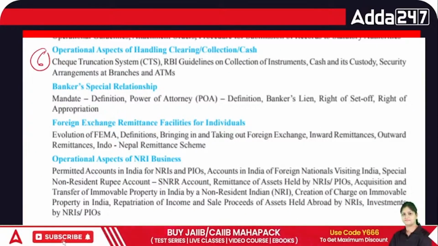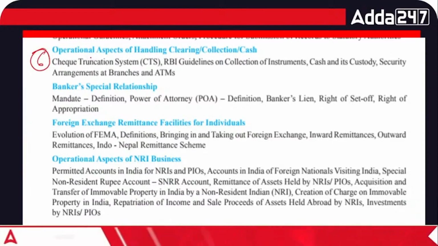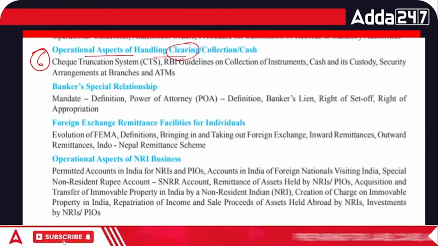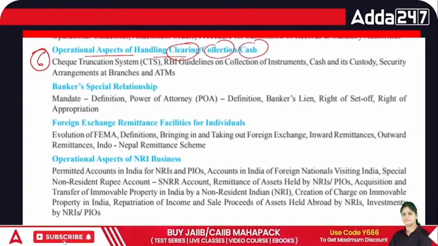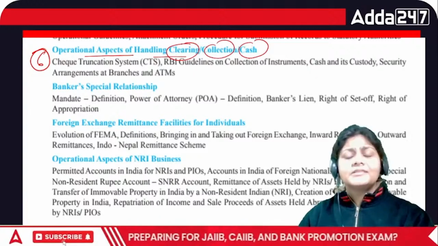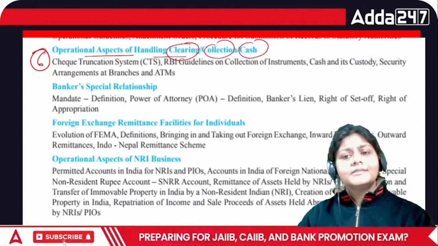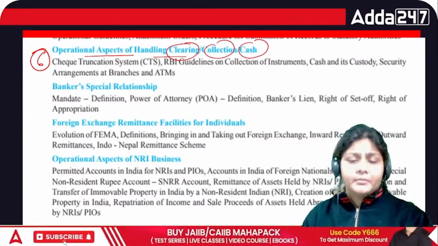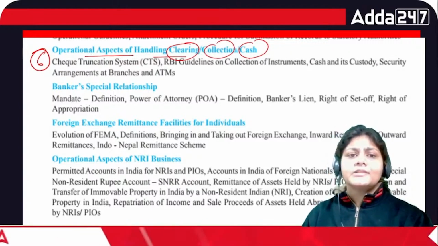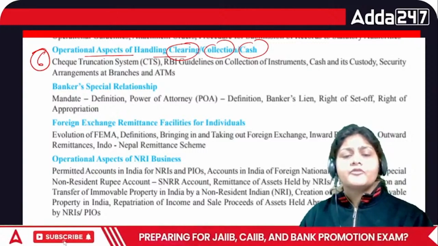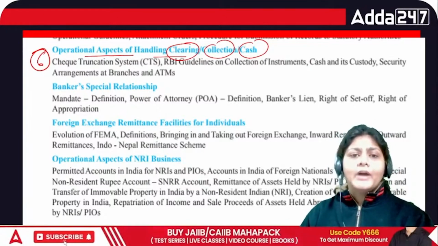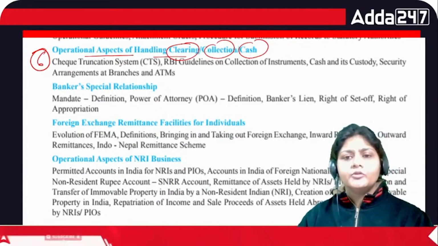Then we have chapter number 6, that is the operational aspect of handling, clearing and collection and cash, right? Today I'm just giving you the syllabus of the PPB, especially module A, because in the paid batch, which is going to start from the 26th of February, I'm going to start module A only, and parallelly on YT also I'm going to start your module A, right?